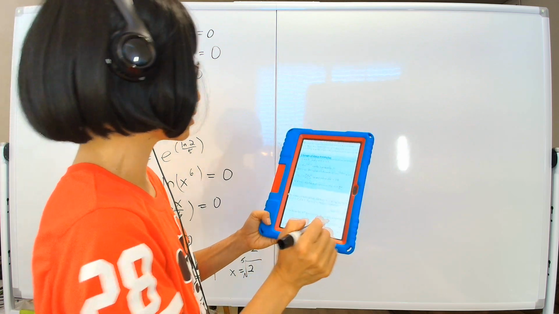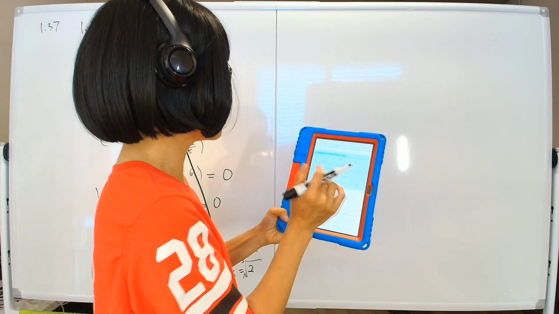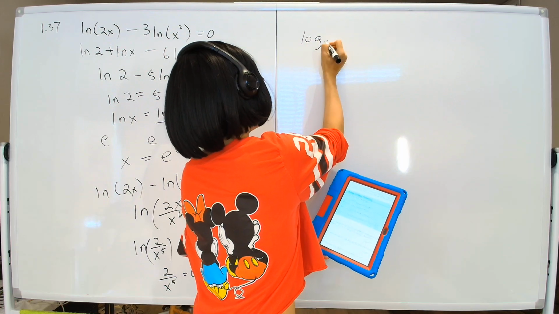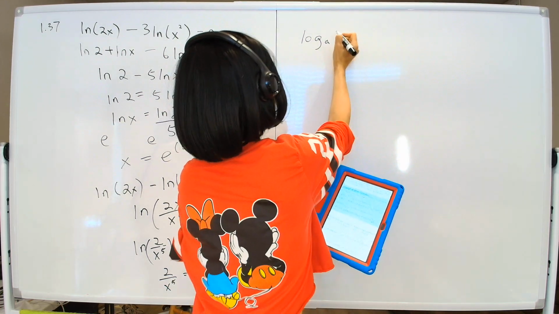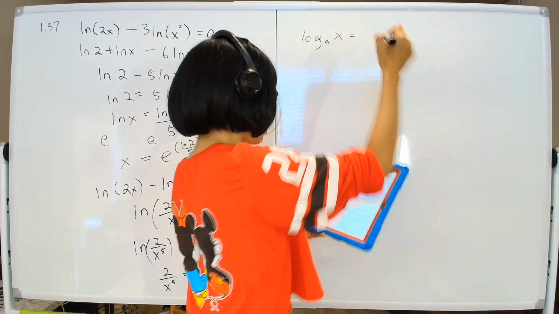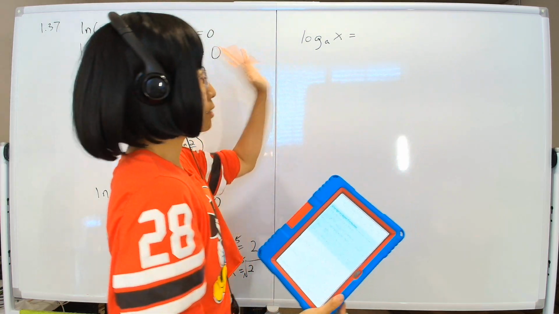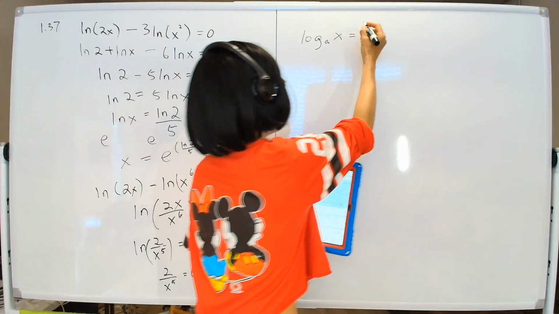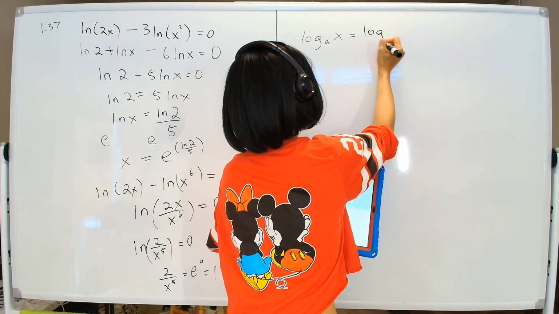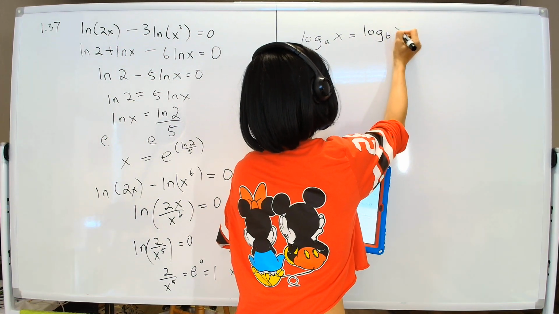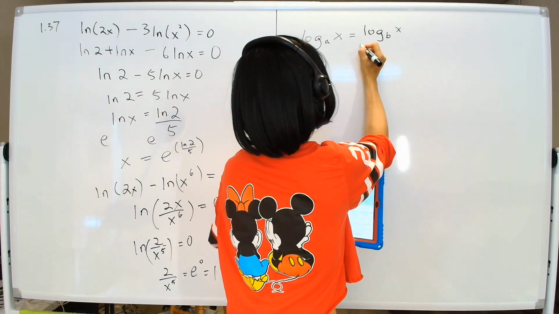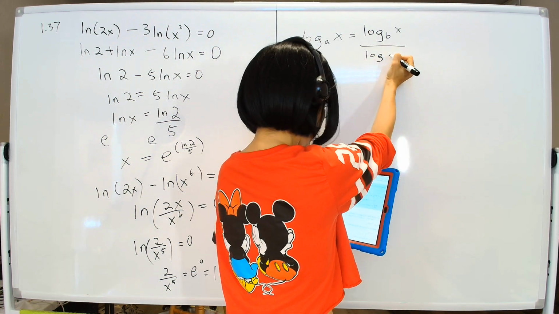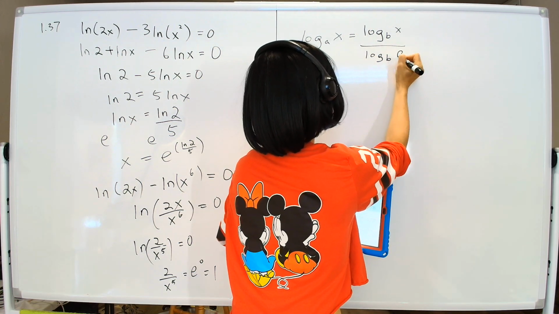Here's what matters. Here's the property that's most important. If you have a log base a of x, that's the same as the log of some other base of x, divided by the log of the new base of the number a.